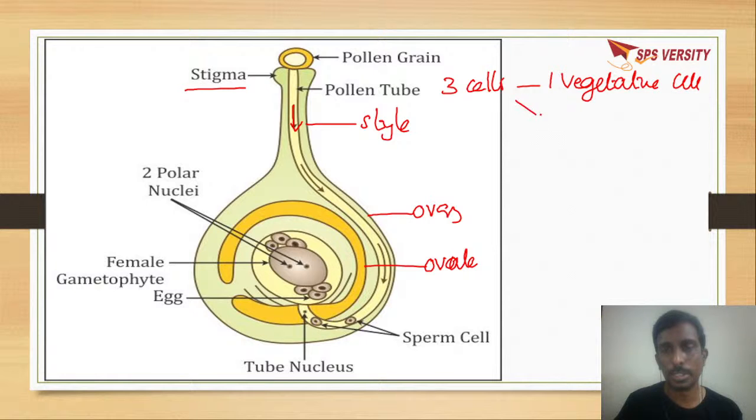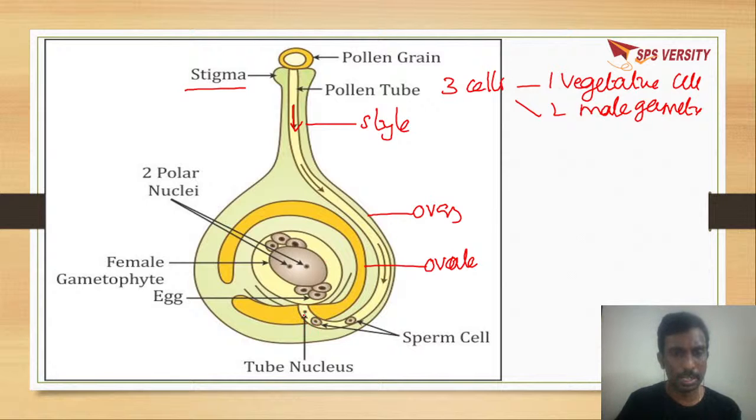And when you come to this, the pollen tube initially has 3 cells, 2 male gametes and 1 vegetative cell. By the time it reaches the ovule, the vegetative cell degenerates. Only 2 male gametes are left, that is called sperm cells.